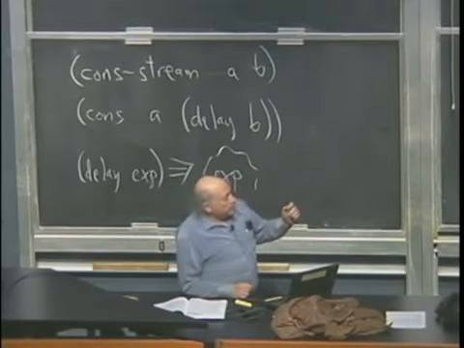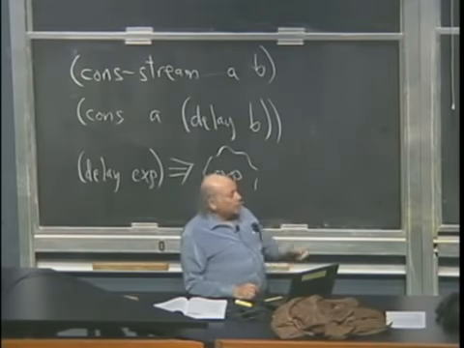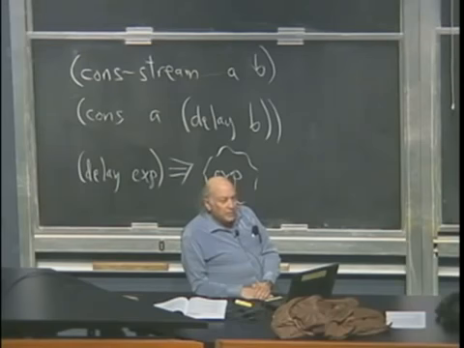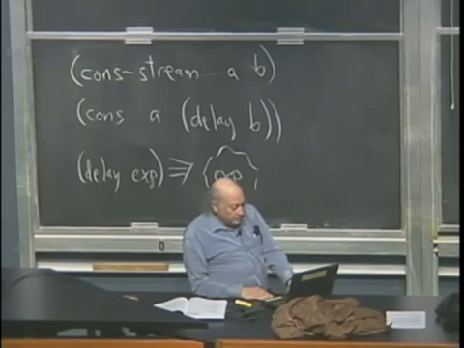No, before I get to the crucial next step, I have to point out something else. I've been writing on the board things like when you do range 2, 8, you get a promise to do range 3, 8. Well, if we look in the actual cons-stream here in stream range, and the important part of it is this, here's what we're going to promise to do.